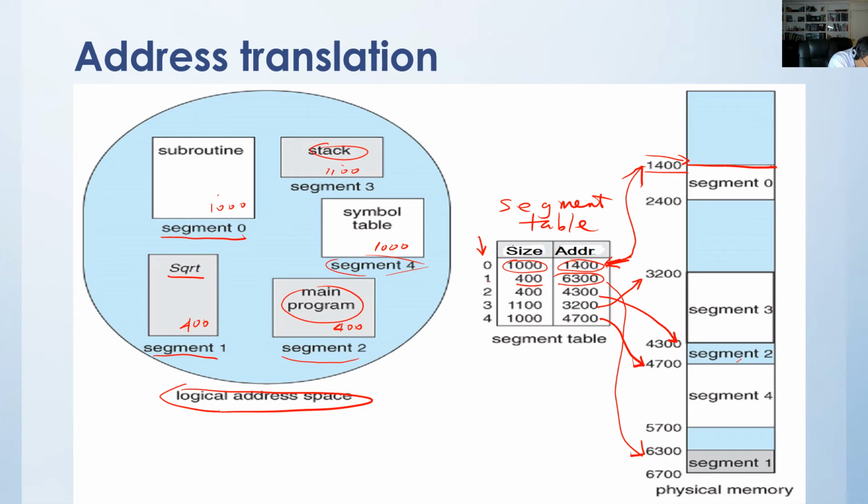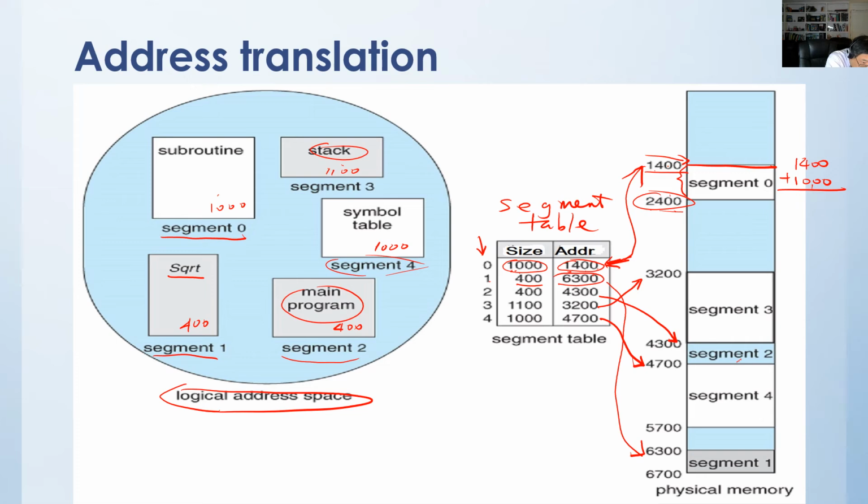So once I have a starting address and then I have a size, this basically tells that this segment is going to actually start from 1400 all the way to 2400, because 1400 plus the size, which is 1000. This gives you the limit, the upper bound for this particular segment.